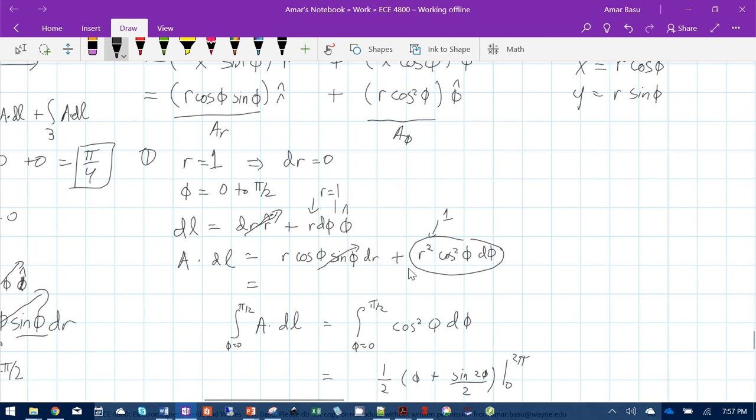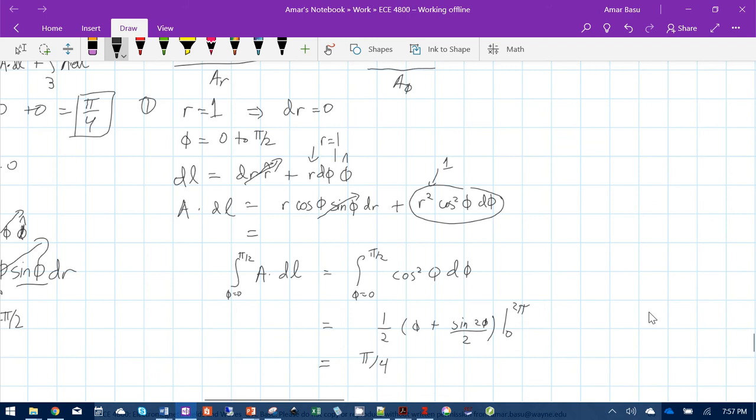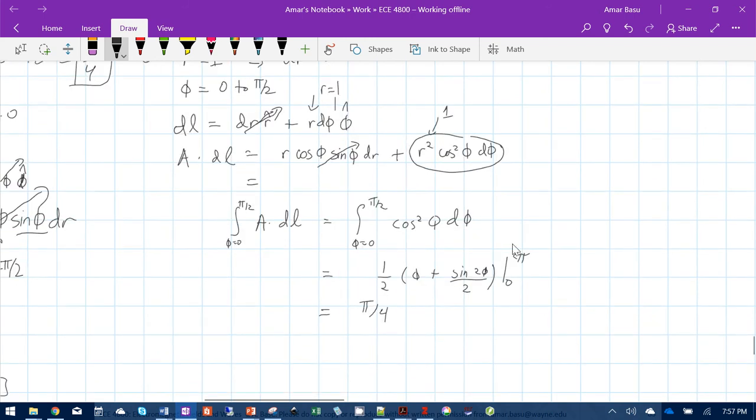Multiply that by r times d phi, and you get r squared cosine squared of phi d phi. All right, and then this is just in terms of phi, because r squared is equal to 1, and so this just becomes a simple integral.